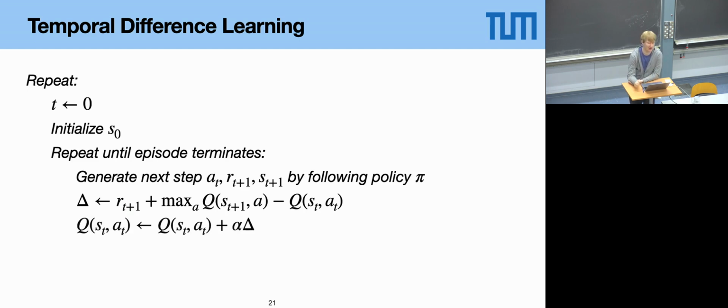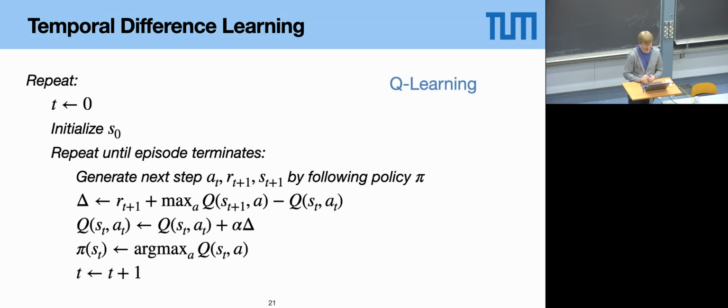Then we update the values by using this violation with a step size parameter, or learning rate, and then we update the policy again. That's basically it. This specific variant of temporal difference learning is called Q-learning. It's a rather well-known algorithm.